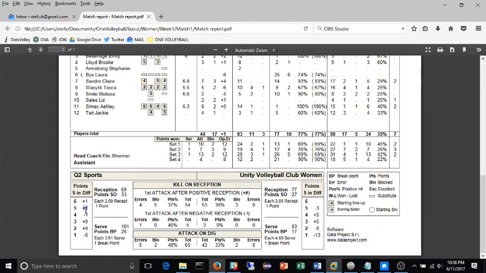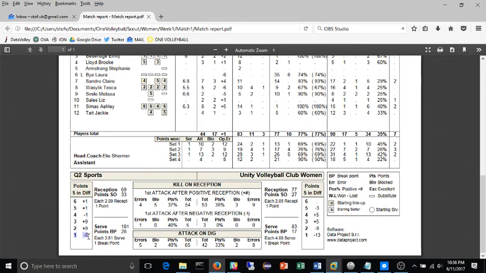So I gain 1 point when I actually score, do a kill, and I lose points when I do a serve error or a shank error or anything. So that tells me that the best rotation for Q2, the rotation that Q2 wants to stay in, are rotation 2 and 3. And the rotation where they have trouble staying in and that it's costing them a lot of points is S1.